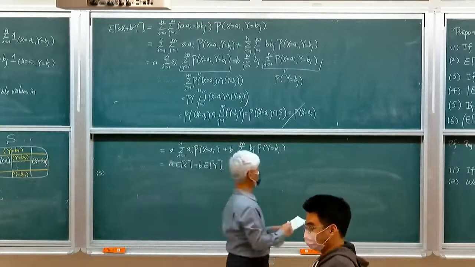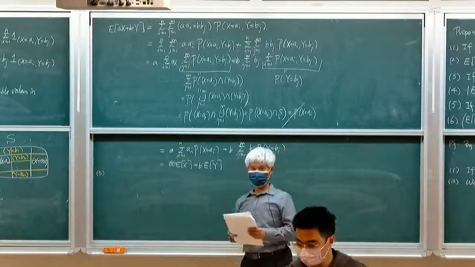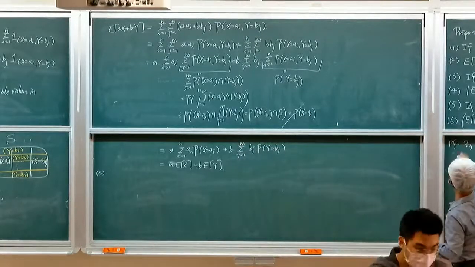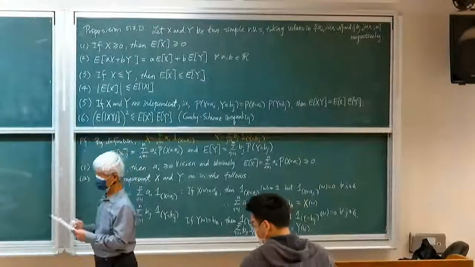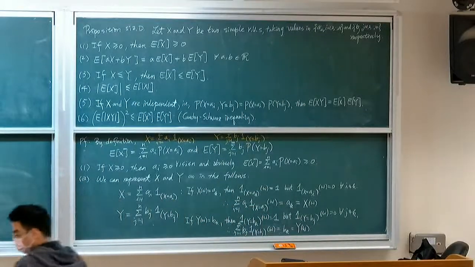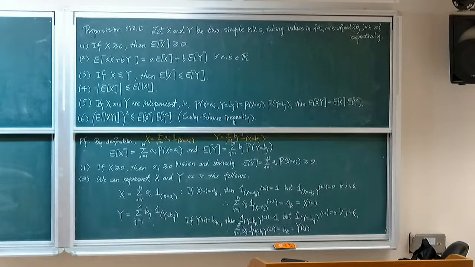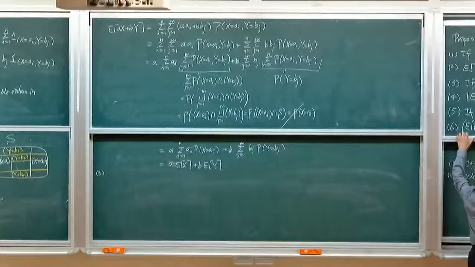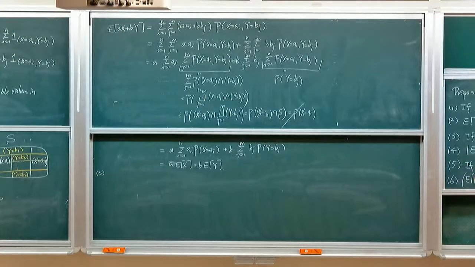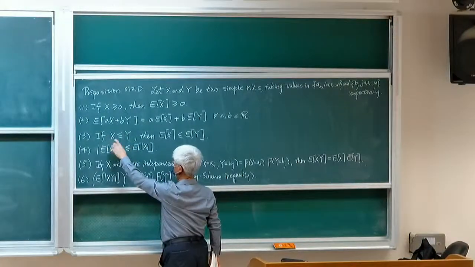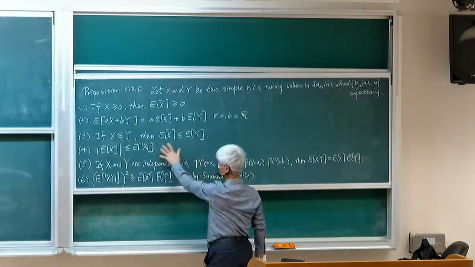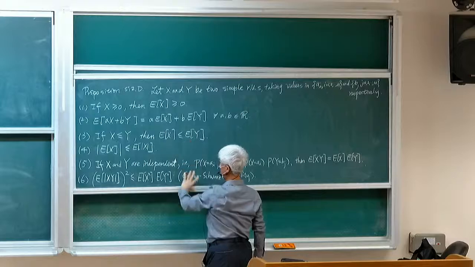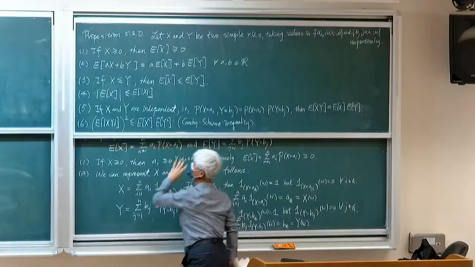Okay, so let's finish the proof of this proposition. The third one is that if random variable y is always greater than or equal to random variable x, then the same order applies to their expectations.